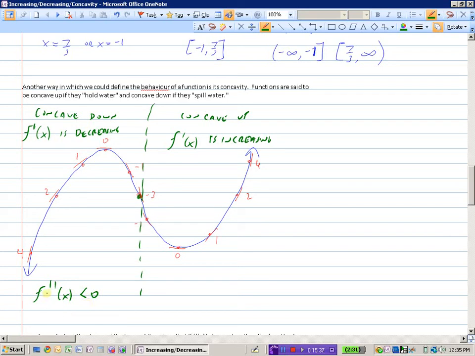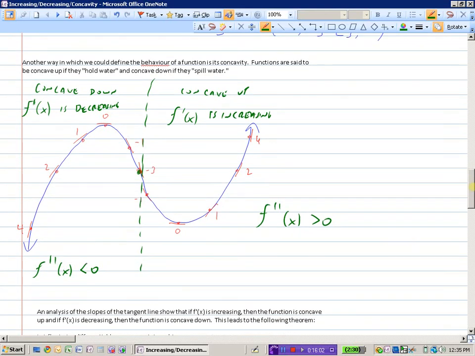The second derivative is less than 0. And over here, since the rate of change of our slopes is increasing, then if we took the derivative of this derivative, we should find that the second derivative is greater than 0. That is, the change in the slope is increasing, is positive.